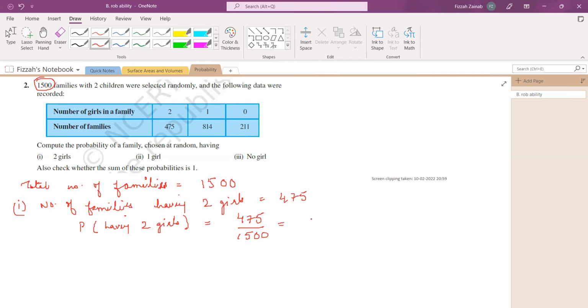Okay, in your NCERT book, if the answer is given in fraction, you can leave it in fraction. But tell me, what are you getting here?